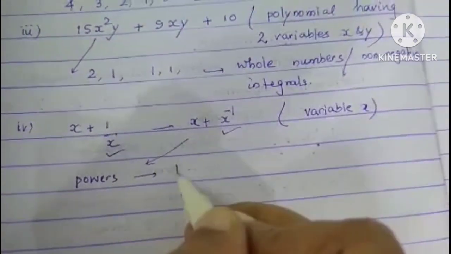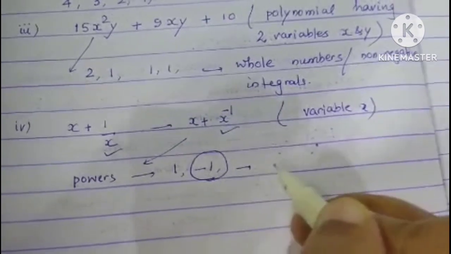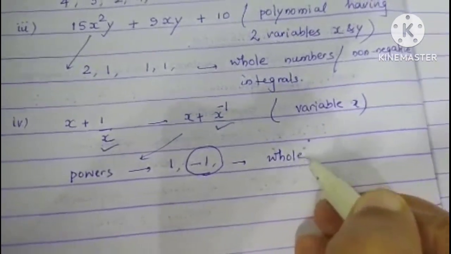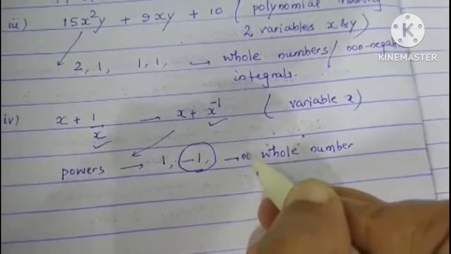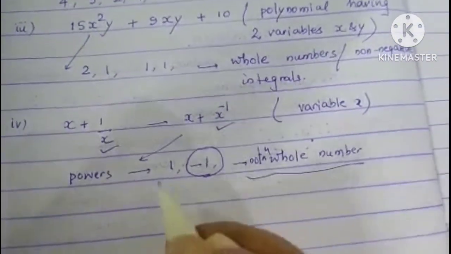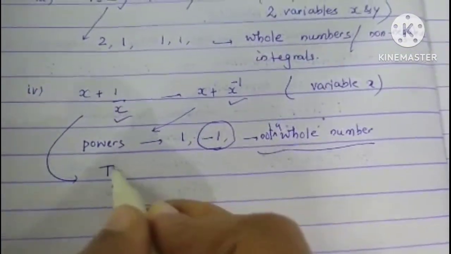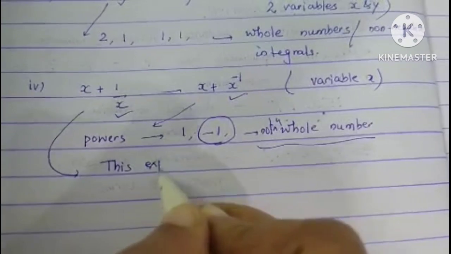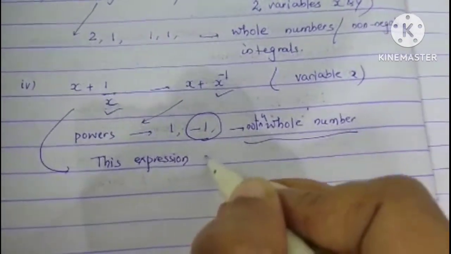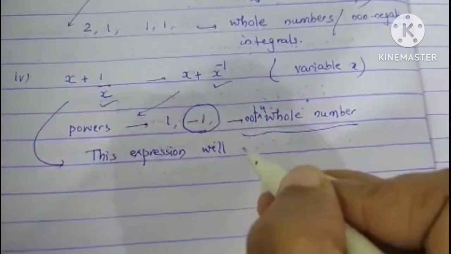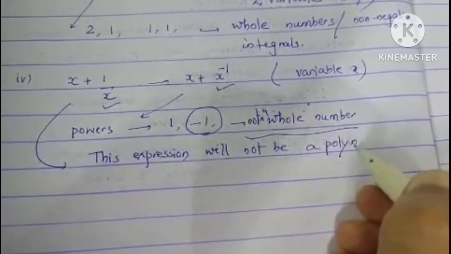The powers are here 1 and here minus 1. So this minus 1 is not a whole number. So this expression will not be a polynomial. This will be an expression, but it is not a polynomial.